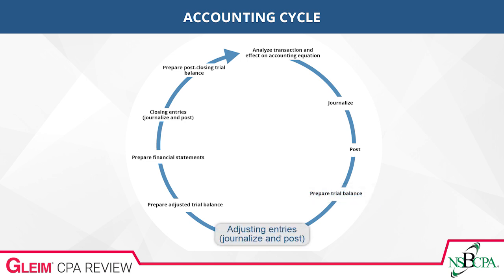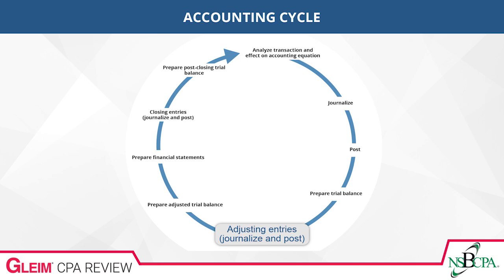The next part of the process is the adjustments or adjusting journal entries. Adjusting journal entries are necessary to update the accounts and balances to reflect activity that has not yet been recorded.